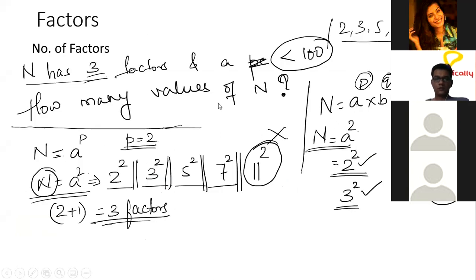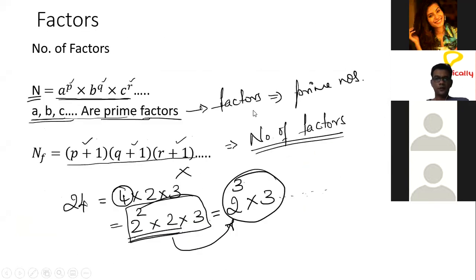Okay, so I hope you are clear with this question, each one of you. Now, let me throw one more set of such questions, okay? Let's say there is a value n where the number of factors is 4.